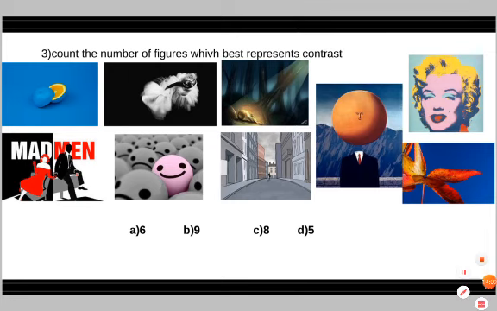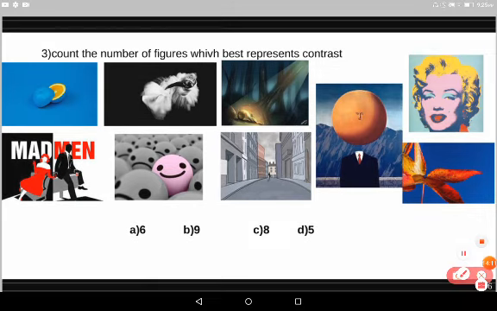Okay, hope you saw the images well. So we can check one by one. This, yes, represents contrast. This also has a contrast between the black and white. This is not as contrasting, right? I hope so. Okay, so we can exclude that. And this, it's not contrasting, but it's emphasis.